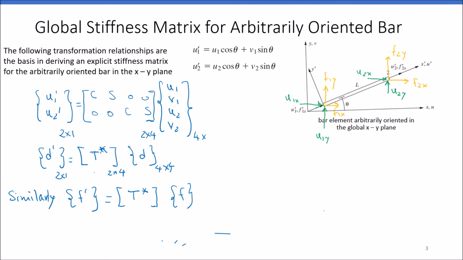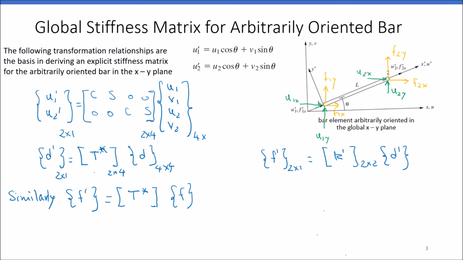Now, if I look at my element stiffness equations, we had this F prime, which was a 2 by 1, is equal to the local element stiffness matrix K prime, which is a 2 by 2, multiplied by the local element nodal displacement D prime.